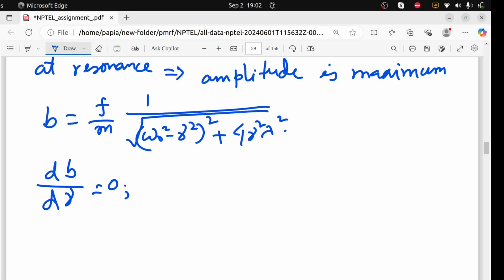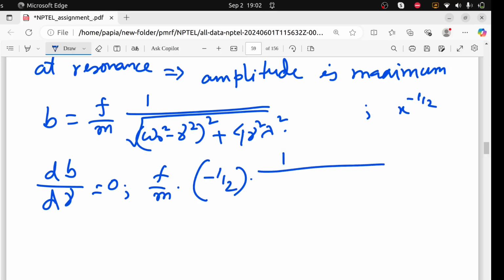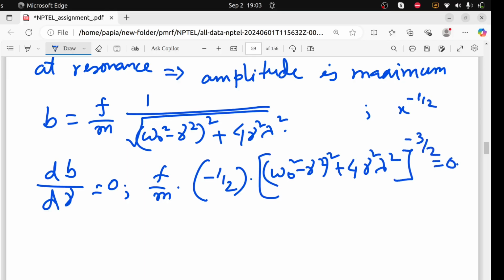If I calculate this, it will be F by m times x to the power minus half, so it is minus half into x to the power minus 3 by 2, where x is (omega 0 square minus gamma square) whole square plus 4 gamma square lambda square, times its derivative, equals 0.